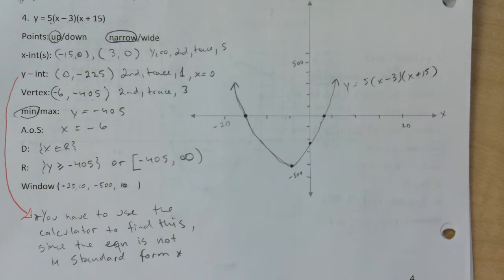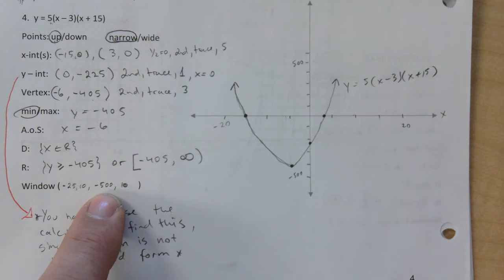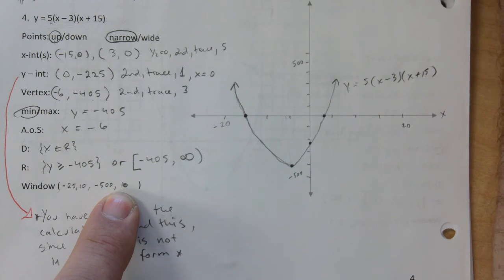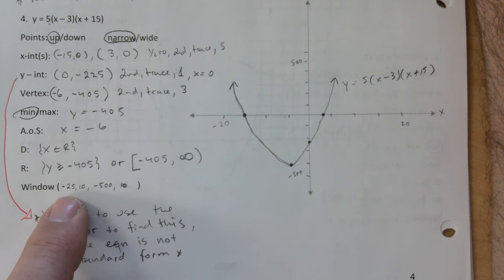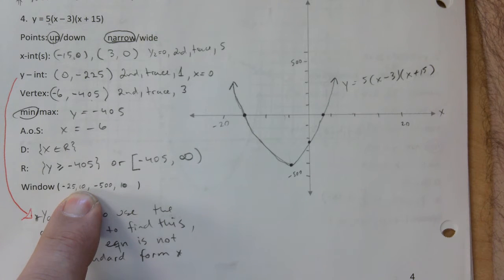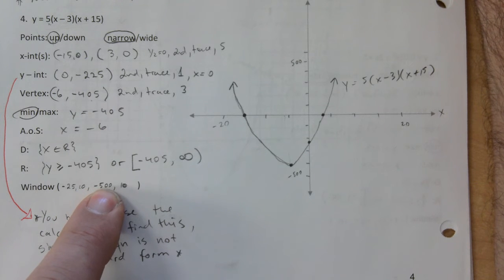Good question. Yes. Good point. My answer key apparently has a different window. You brought it up. It's X-min, X-max, Y-min, Y-max.